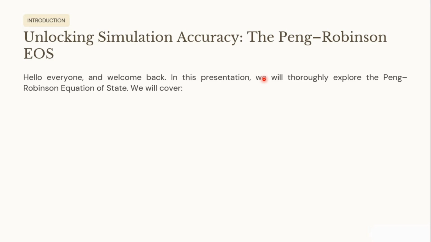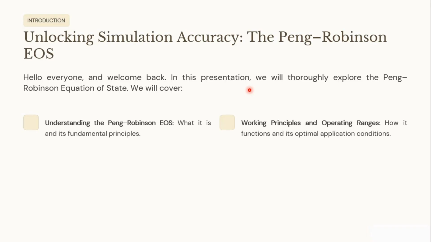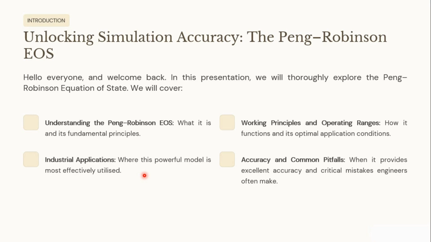In this presentation, we will thoroughly explore the Peng-Robinson equation of state. We will cover the understanding of the Peng-Robinson equation of state, what this property package is and its fundamental principles, the working principles and operating ranges of this property package, how it functions and its optimal application conditions, the industrial applications where this powerful model is most effectively utilized, and finally the accuracy and common pitfalls, where we should use it and where we should avoid it.